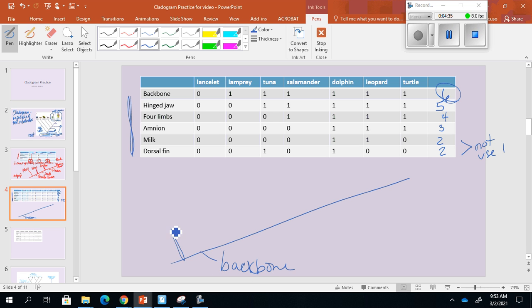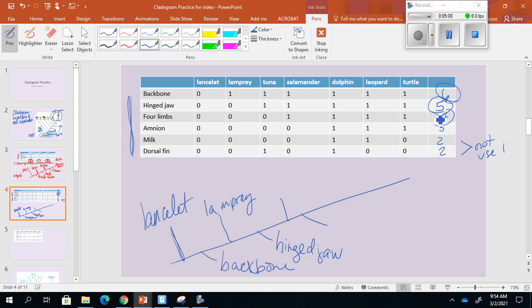Then I say, okay, before it is my outgroup, who does not have a backbone, and that's the lancelet. Then the next characteristic would be the 5, so hinge jaw. And the one before it that had a backbone but did not have a hinge jaw would be my lamprey.